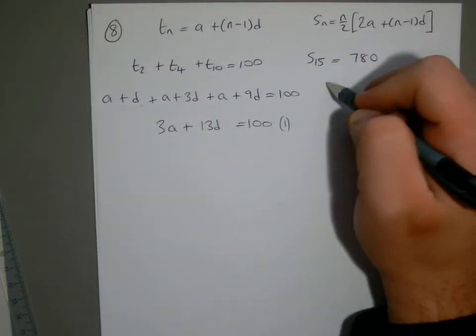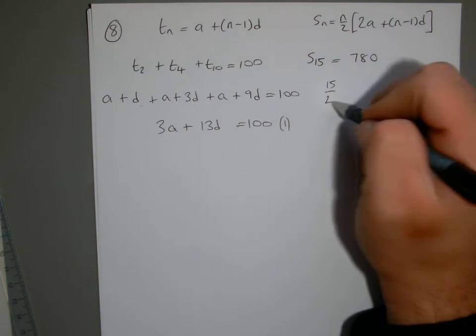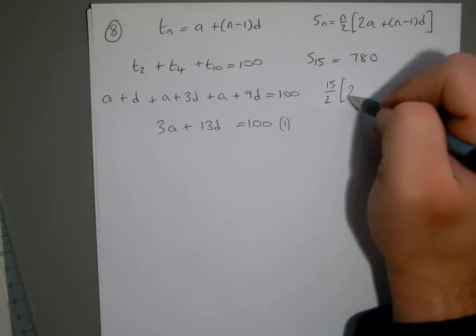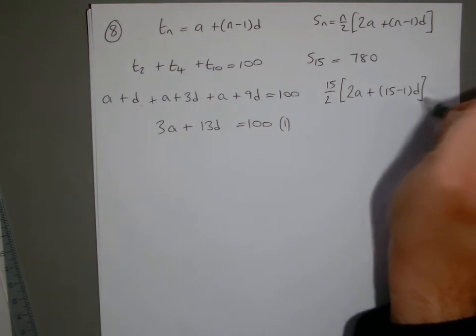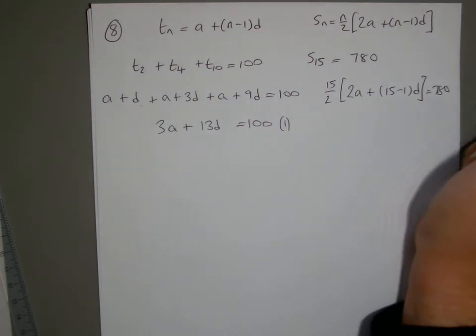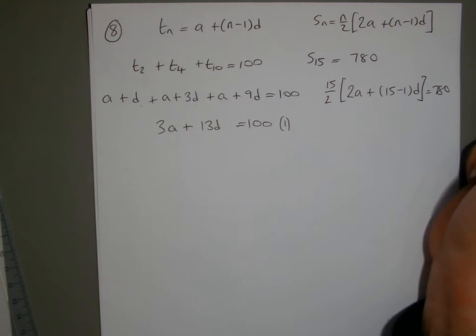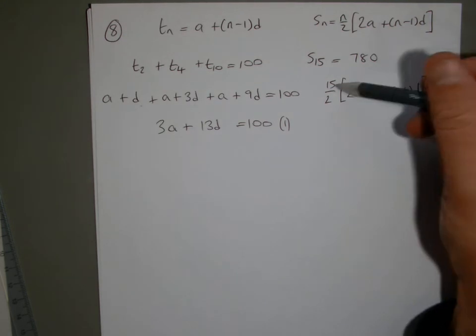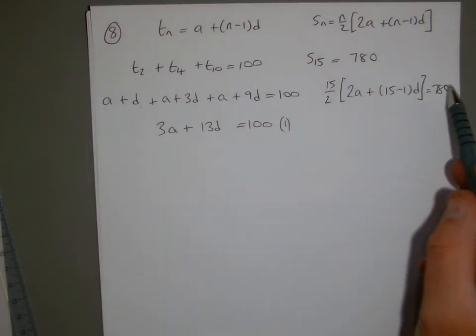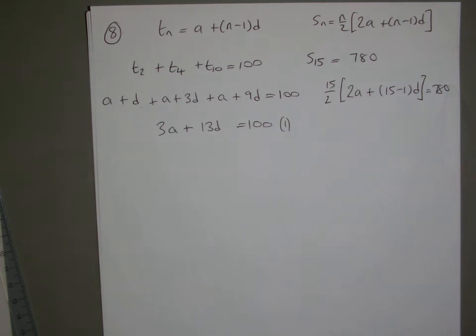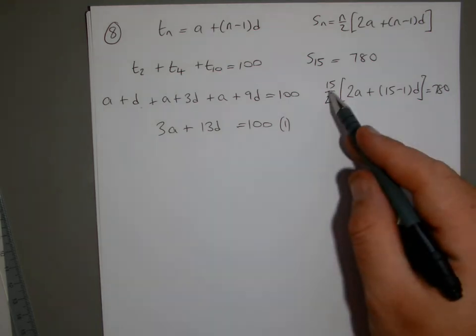Equation 2 then, well, Sn, S15 in this case, so 15 over 2, 2A plus then 15 minus 1 times D equals 780. What I'd be tempted to do here then is to times through by 2 and divide by 15. So 780 times 2, which is 1560, and then divide through by 15.